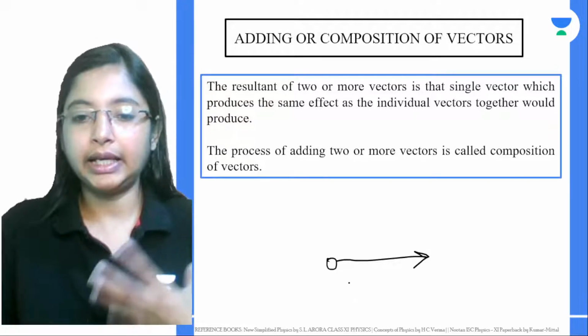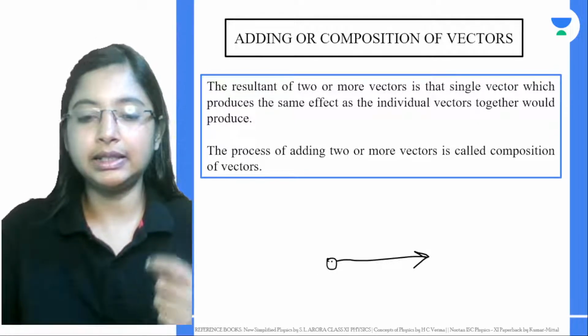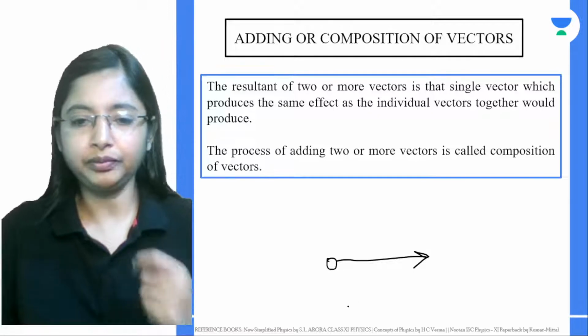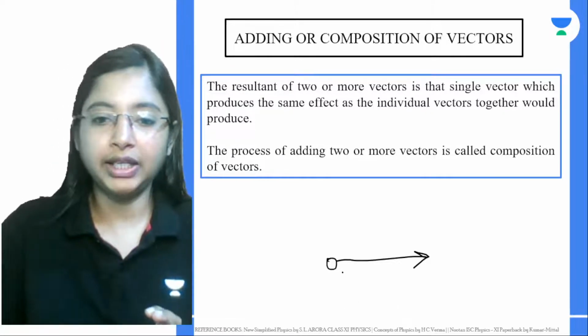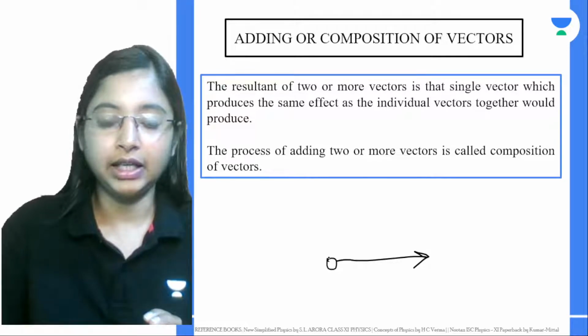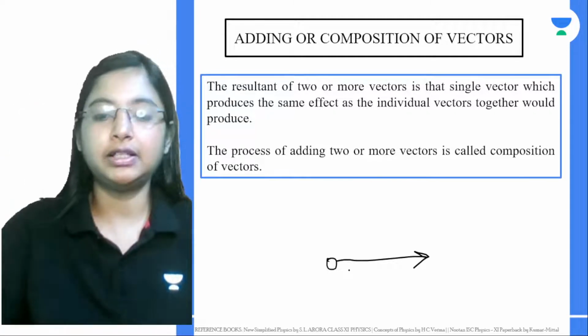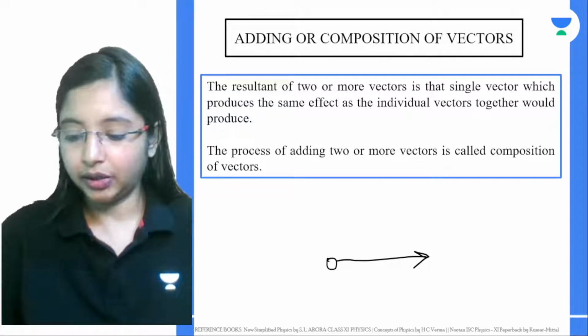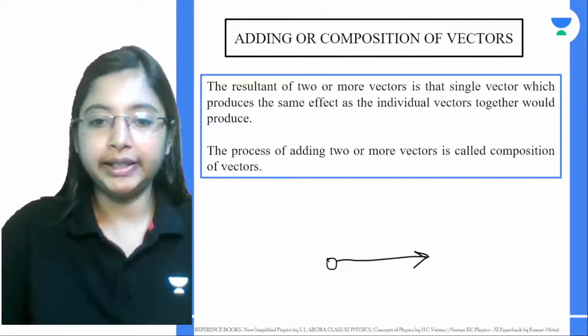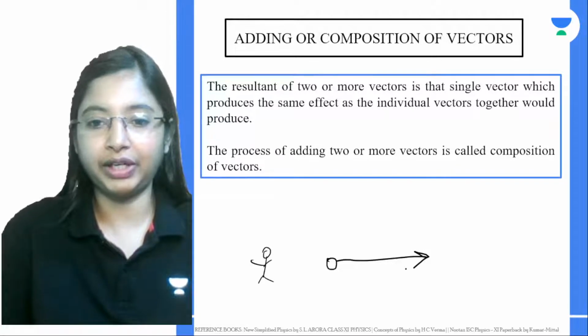Another case: let's say you are giving it this force. Your friend also hits it, and both of you are trying to hit this marble and make it move. You hit it from a different direction, from here, and it went in this direction.